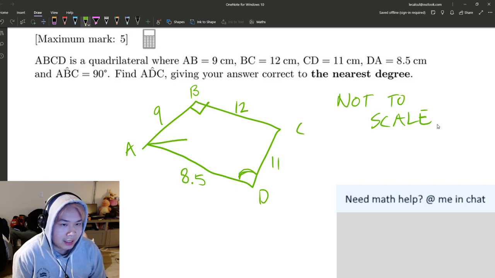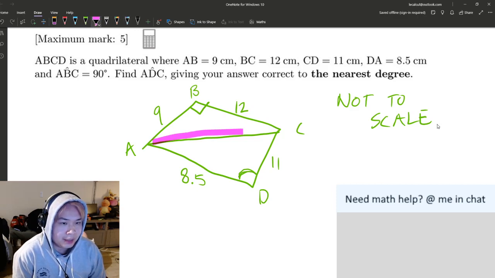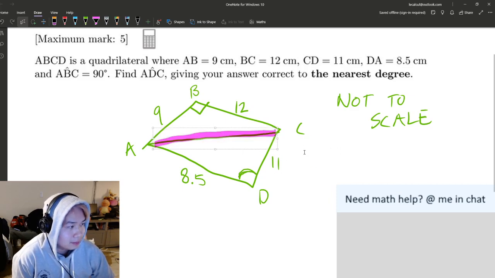We can just draw a line connecting A to C, and then use cosine law with triangle ABC to figure out this line. Then eventually we do sine law, cosine law to figure out this angle. So that's the plan. We've got to figure out this line first.